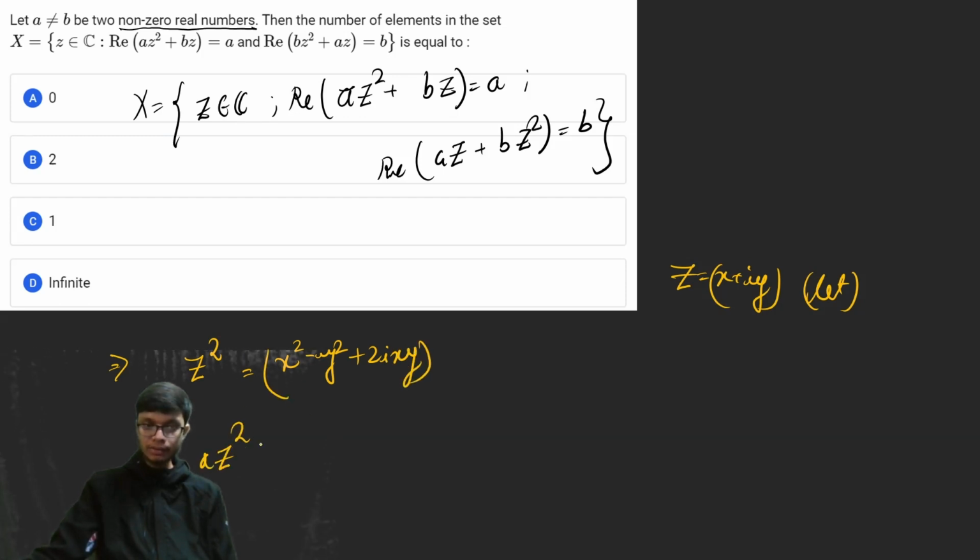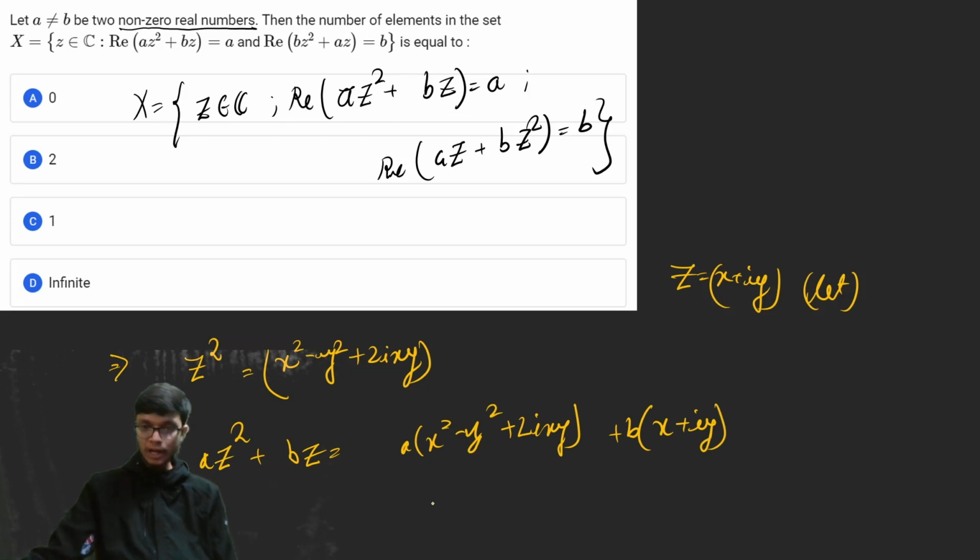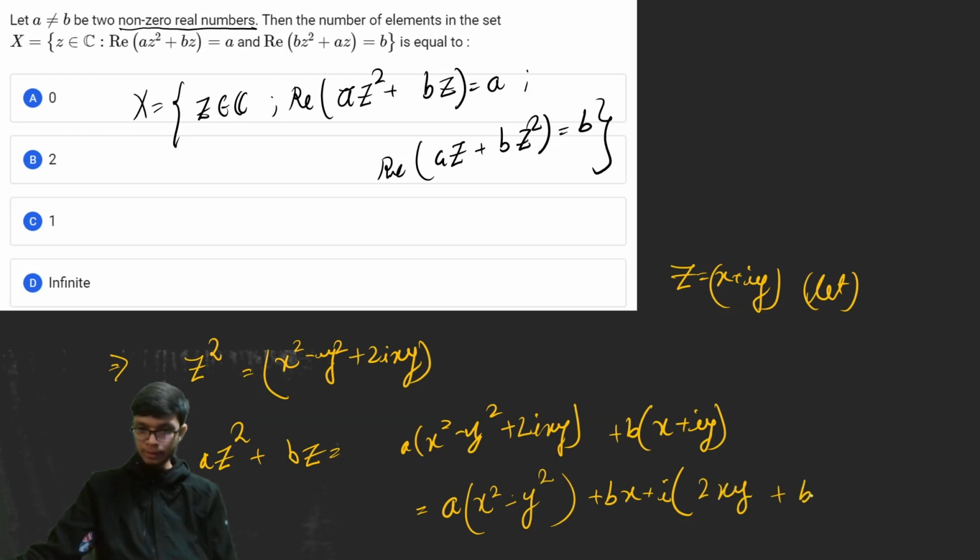The first expression is a z square plus bz, which is a times x square minus y square plus 2 iota xy, plus b times x plus iota y. Simplifying the real and imaginary parts, this is a times x square minus y square plus bx, plus iota times 2axy plus by.